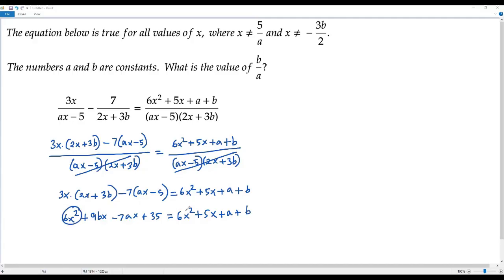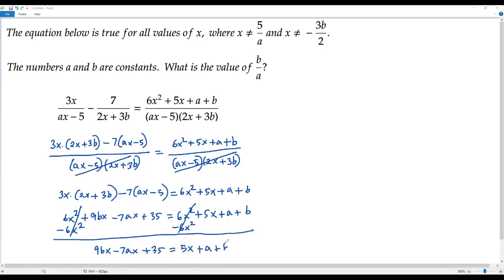We find 6x² on both sides of the equation. Let me subtract 6x² from both sides to get rid of the term 6x². So here the positive 6x² and negative 6x² will cancel out. The same here. The resulting equation is 9bx - 7ax + 35 equals 5x + a + b.